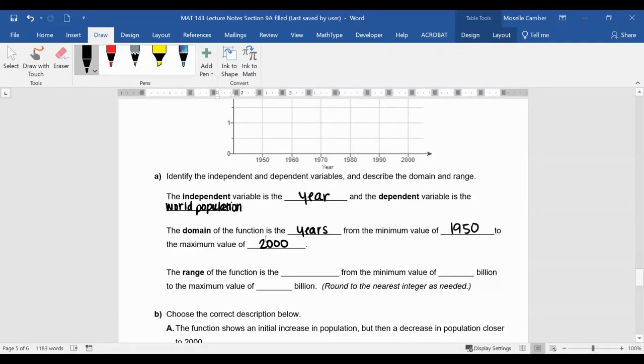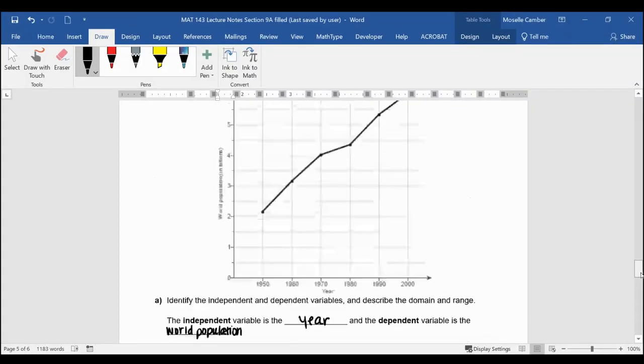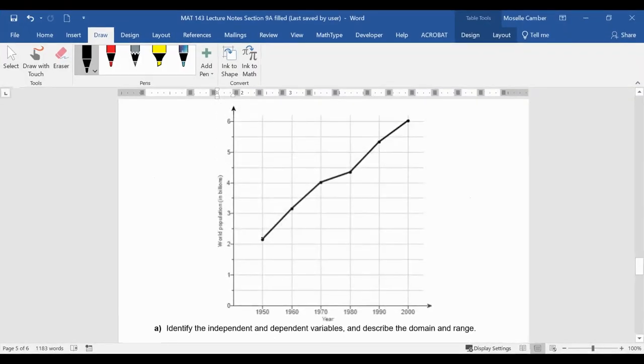Okay, so the range is going to be all of the Y values that are represented here. So this is going to be your population. The minimum value, that lowest point that we've got, is just over this 2. So I'm going to say it's about 2.25.